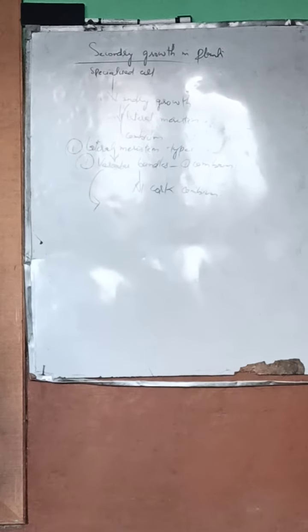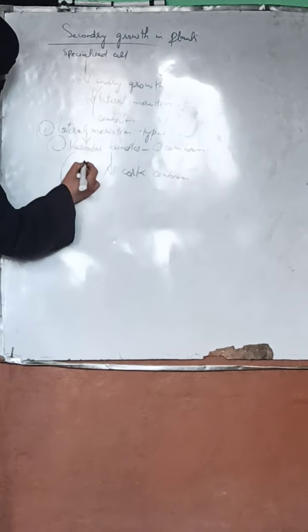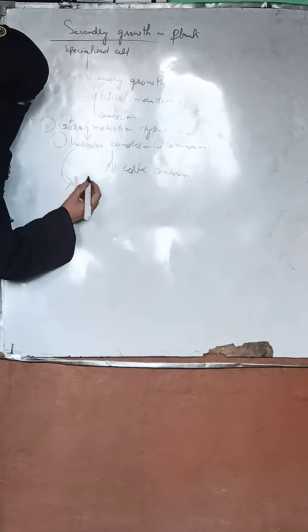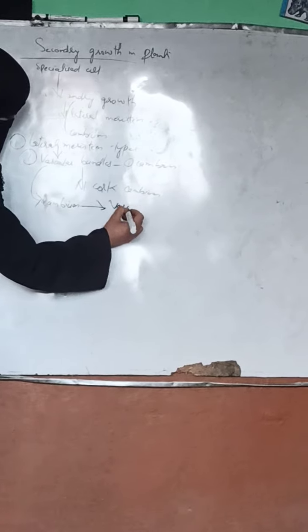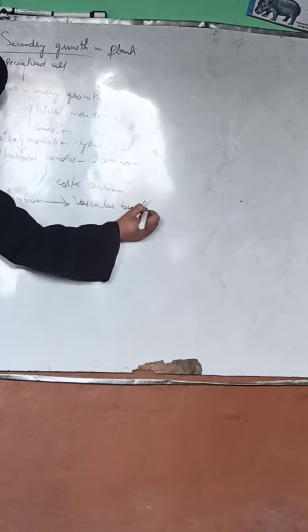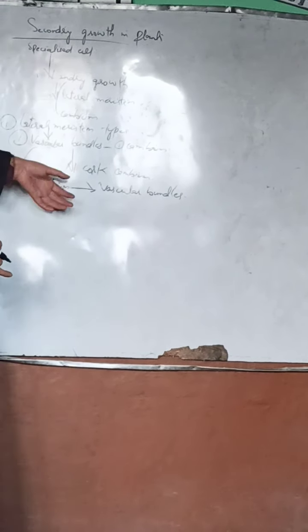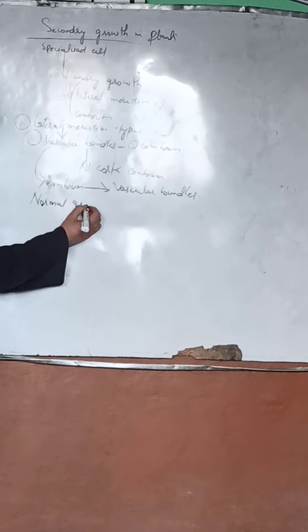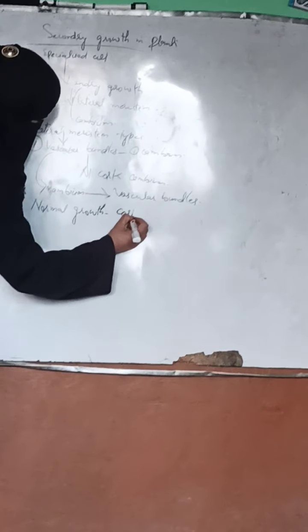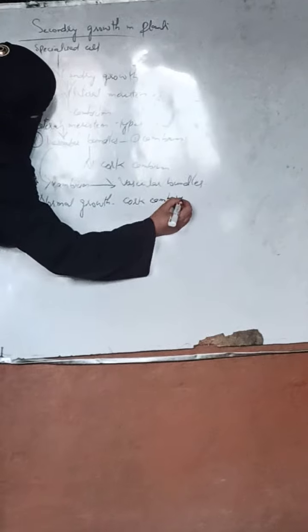And when we talk of normal growth, there is cork cambium. So the types of lateral meristem are cambium and cork cambium.